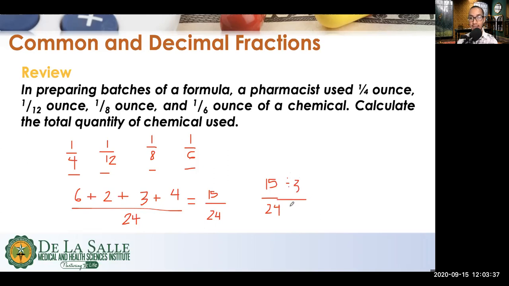Remember that if you multiply or divide both the numerator and the denominator by the same number, you get the same value. So 15 divided by 3 is 5 and 24 divided by 3 is 8. So we have the answer 5 over 8.